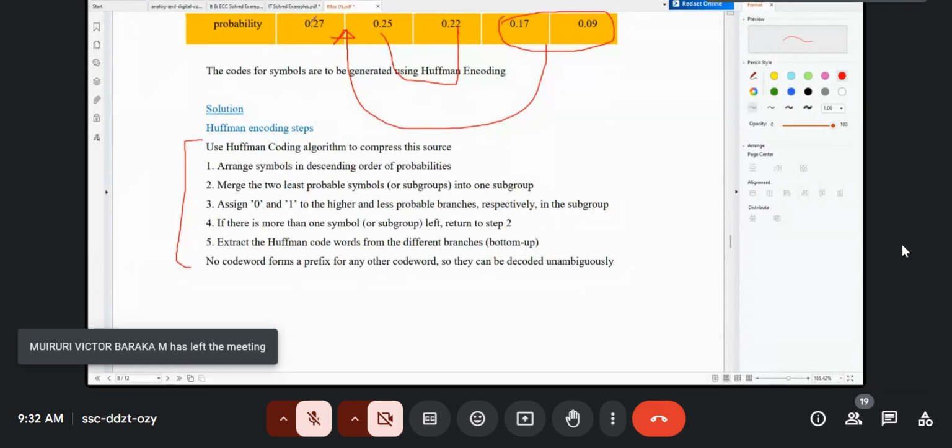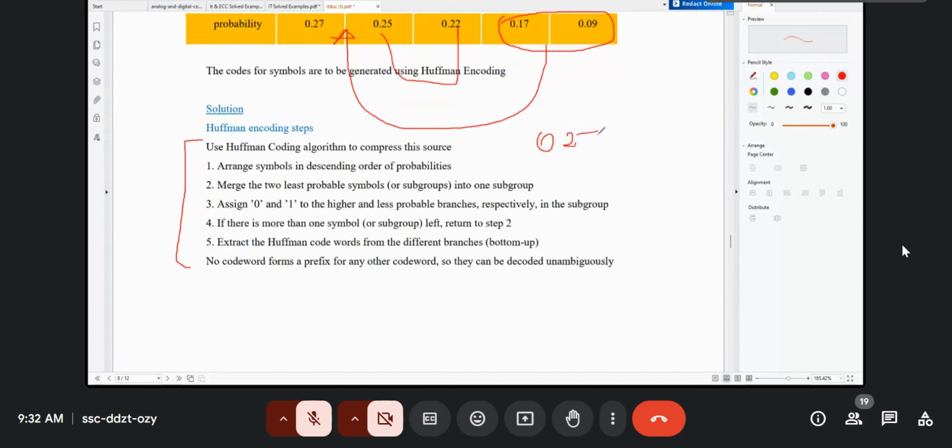So in the next step, what you have is 0.27, 0.26, combining these two, 0.25 and 0.22. So the next step, you are going to merge these two. And when you merge these two, of course, they will come here.